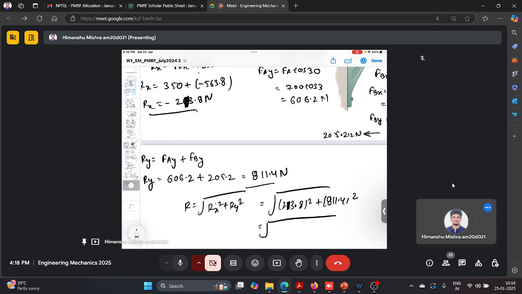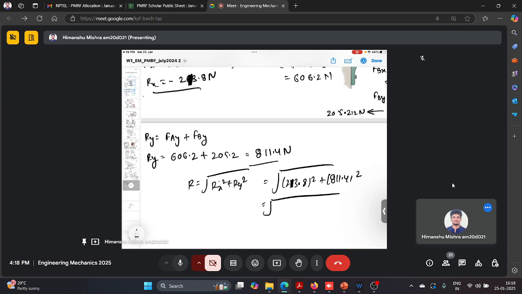Then when we do squaring, and when you do this exercise, you will get 839 Newton.